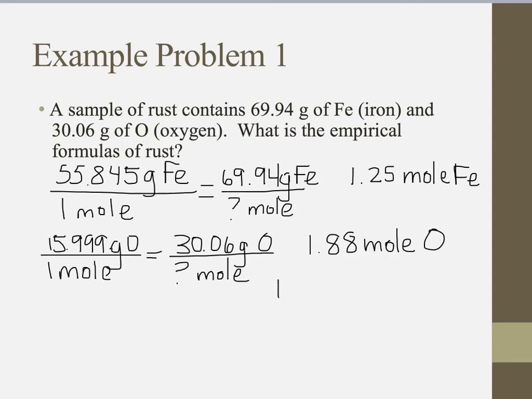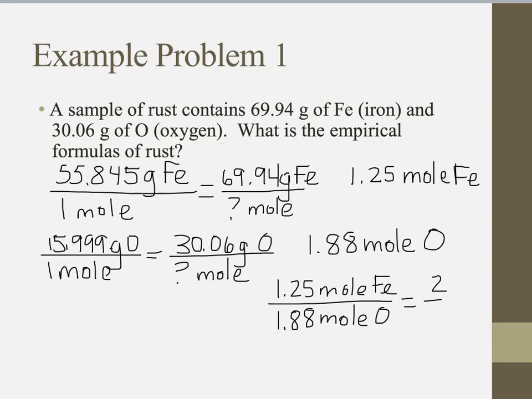If I compare 1.25 moles of iron, this is kind of something we did last chapter, to 1.88 moles of oxygen, what I end up getting is 0.66, which is 2 thirds, or that's saying there's 2 moles of iron in every 3 moles of oxygen.